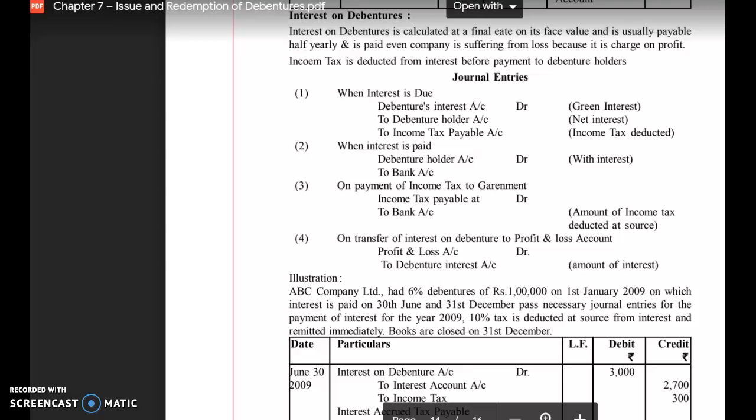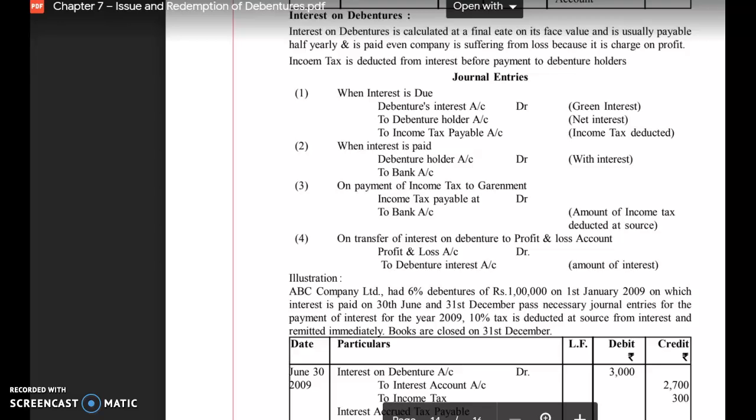And from where it is to be written off? It is to be written off either out of the security premium reserve account if it is sufficient, and if it is not sufficient, then from the general reserve account. And even if general reserve account does not have sufficient balance, then it will be written off from the statement of profit or loss account, simply from the profit and loss account.